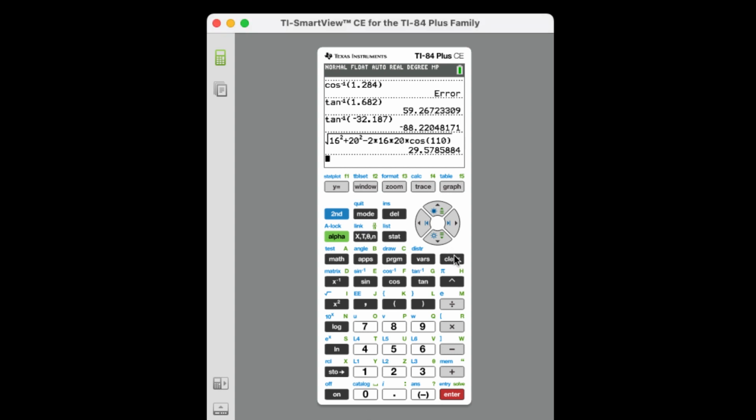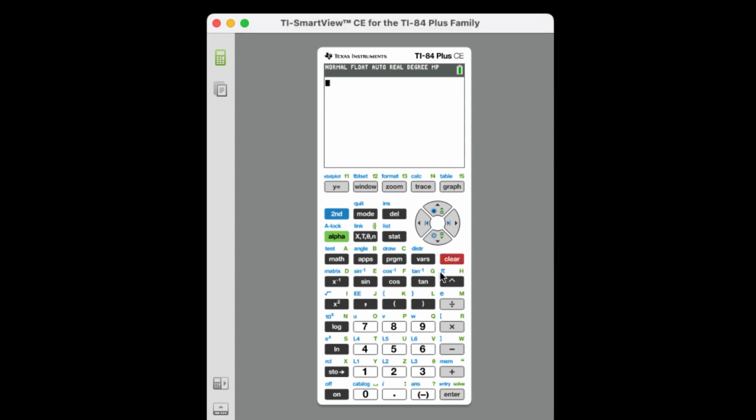And I'm going to clear this out. I need inverse cosine, add another parenthesis for the numerator. 29.6 squared plus 20 squared minus 16 squared. Close that.